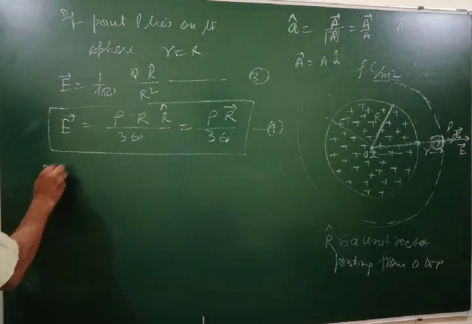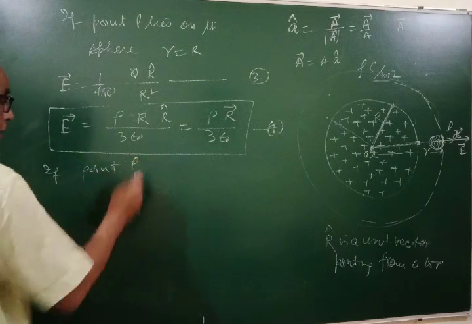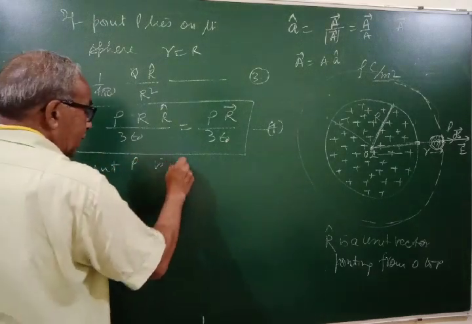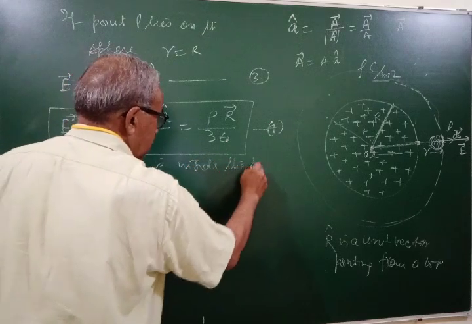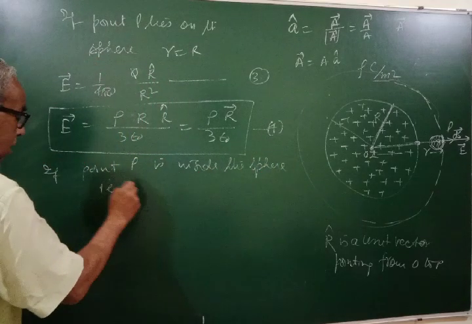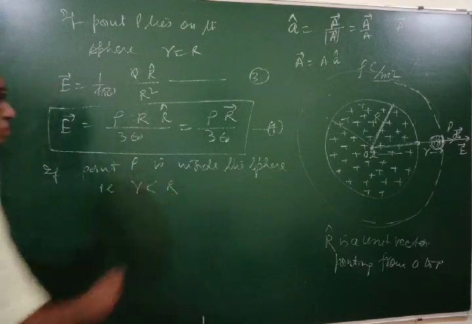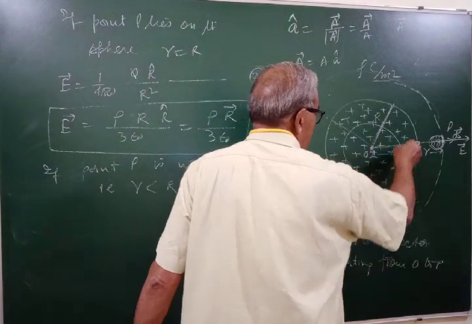If point P is inside the sphere, that is r less than capital R, then we imagine again a Gaussian surface here.